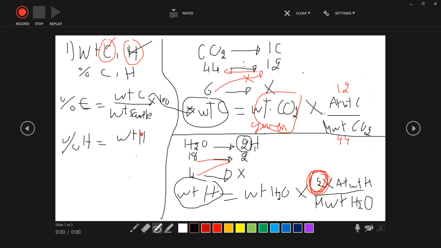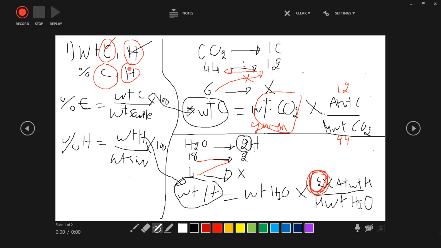From where can I get the weight of hydrogen? From this equation, divided by weight of sample, also times 100. And by this, we can obtain the percentage of carbon in my sample and the percentage of hydrogen in my sample. Like this, we finished our first aim.